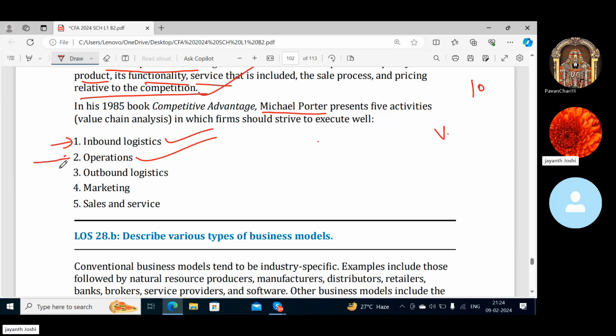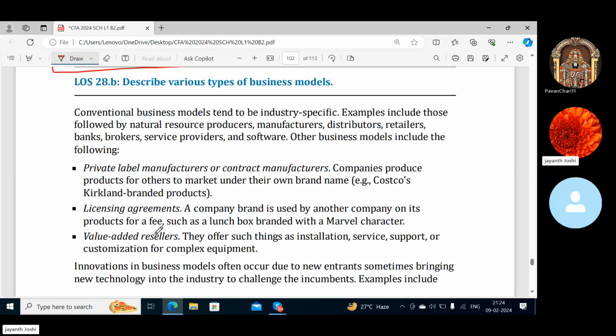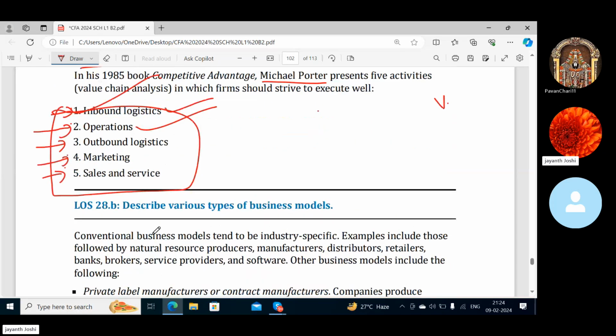Fewer blunders happen, more proper strategies are implemented, and you may save a lot. If outbound logistics is good, then everything is intact, and you may save a lot of money because of less damage or losses to your product. A good marketing strategy can create wonders for your product, more sales and service. So these are all very important factors for creating value for your product. That's the reason they call it value chain analysis. They have not given a lot of detail regarding that, but this is okay to understand.